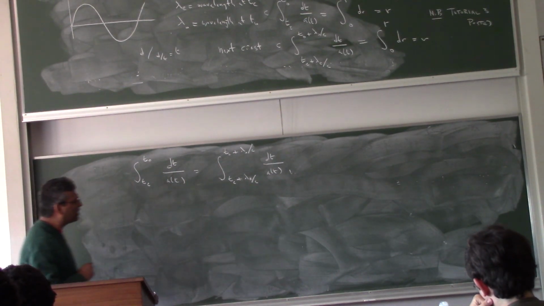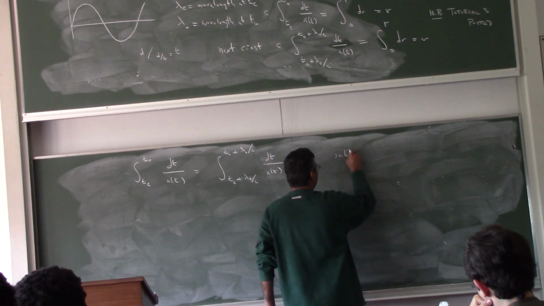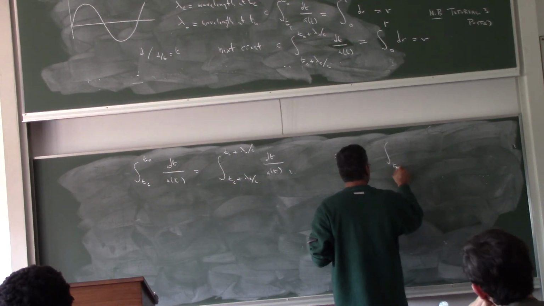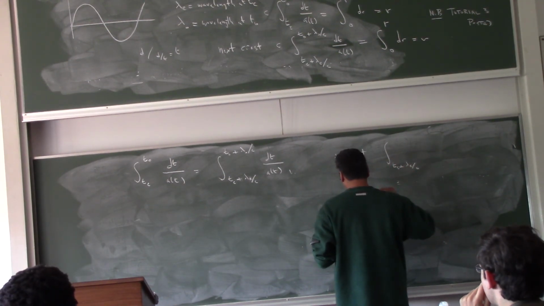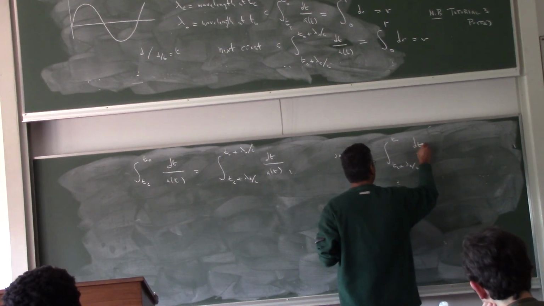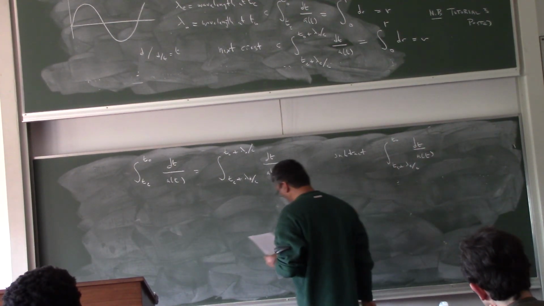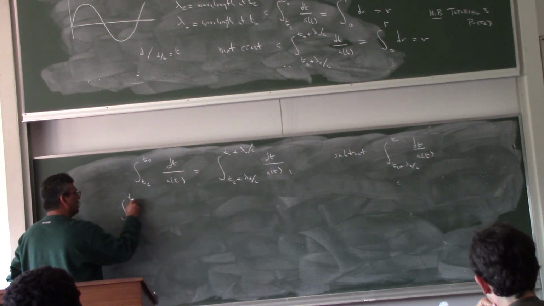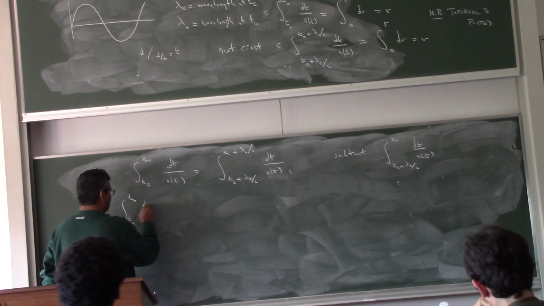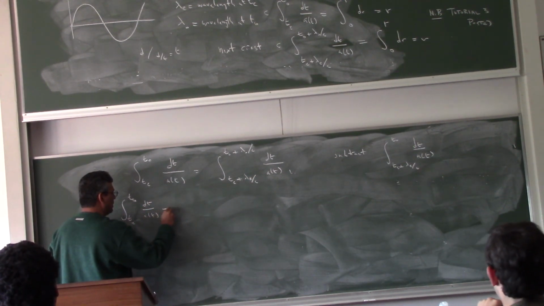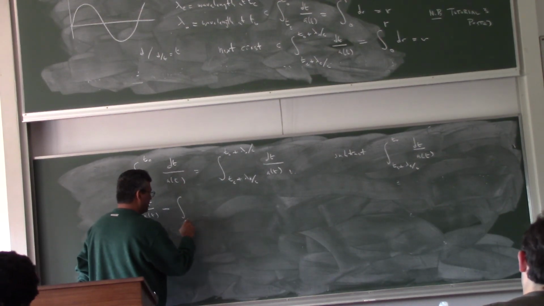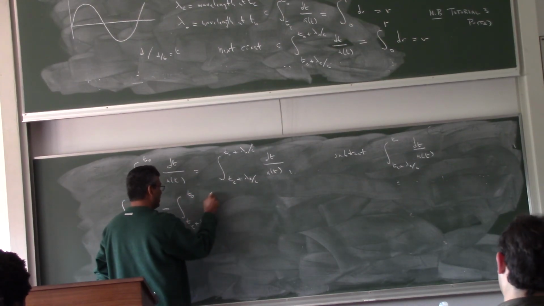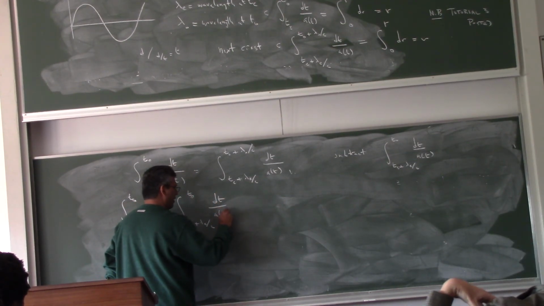So let's subtract the integral from t_e plus lambda e over c to t_0 of dt over a of t from both sides. So we've got the integral from t_e to t_0 of dt over a of t minus the integral from t_e plus lambda e over c to t_0 of dt over a of t.